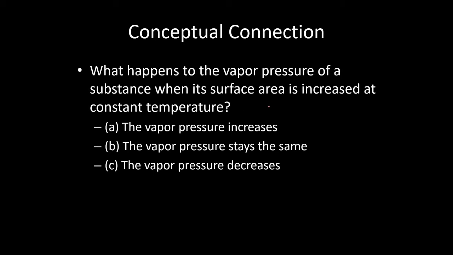It's not open to the atmosphere. So if it's not open to the atmosphere, we increase the surface area of the liquid and we keep it at a constant temperature. Will the vapor pressure increase? Will it stay the same? Or will it decrease? So I want you to pause the video here for a second and think about this.